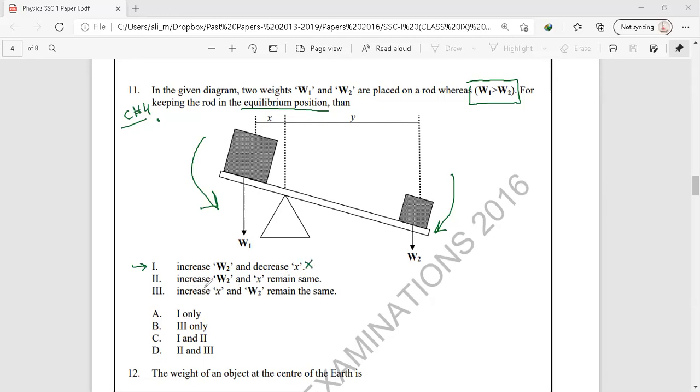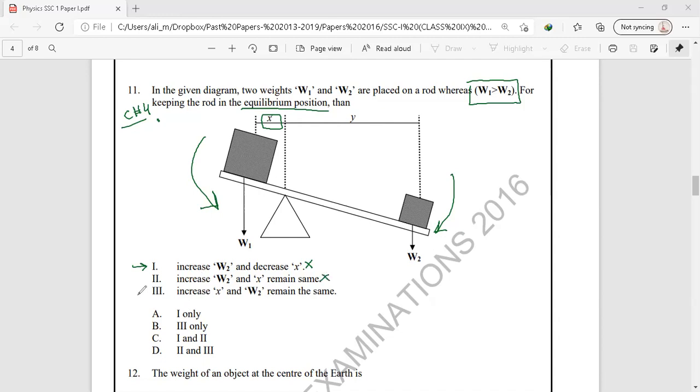In the second option, increase W2 and X remains the same. If we increase W2, once again the turning effect in the clockwise direction will increase, while keeping X the same will cause no change in the anti-clockwise torque. It means this option is also incorrect.